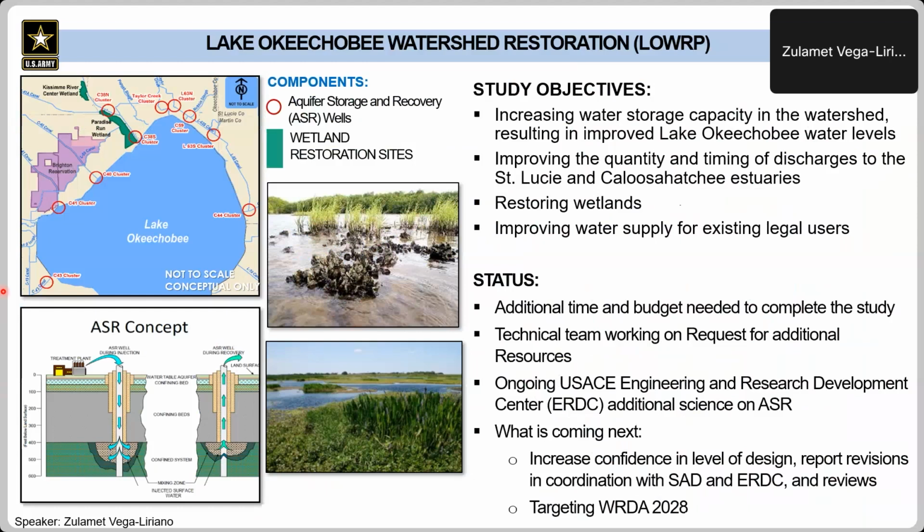The study team, through the planning process, identified a combination of 55 watershed aquifer storage and recovery wells, or ASR wells, with about 5,900 acres of wetland restoration and recreational facilities as part of the recommended plan to address those objectives.